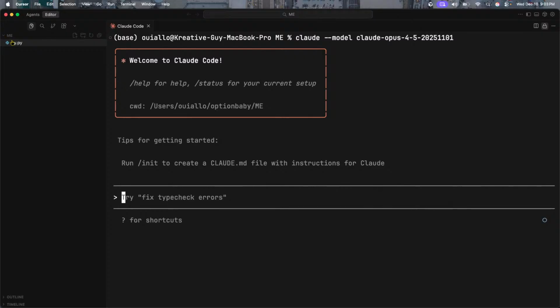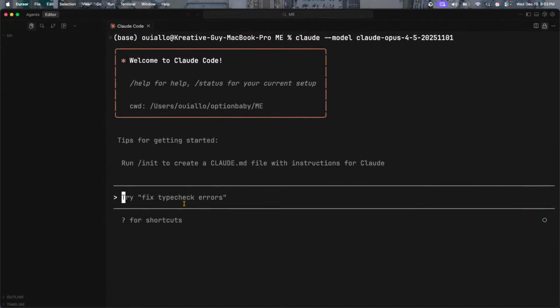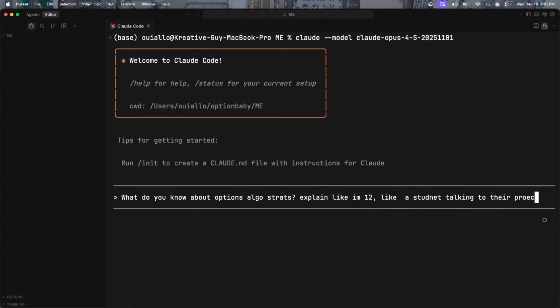What I want to do is start with context, right? So I want to say, what do you know about option algo strats? Explain like I'm 12, like a student talking to their professor.